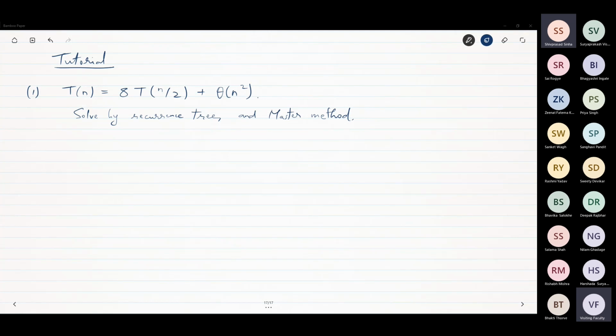Somebody else is also solving by recurrence tree so that we can compare answers.